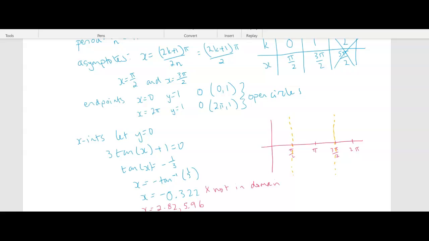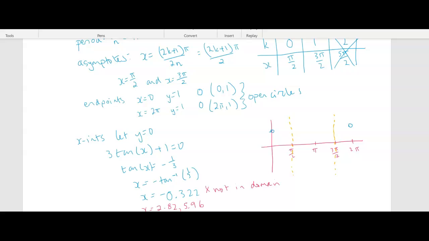And my endpoints are at 0, 1. So it doesn't really matter where you do that. Let me just think. An open circle there. Sorry, I just had a bit of a mind blank. And an open circle here. All right, so we use open circles because our domain is not including 0 or 2 pi.